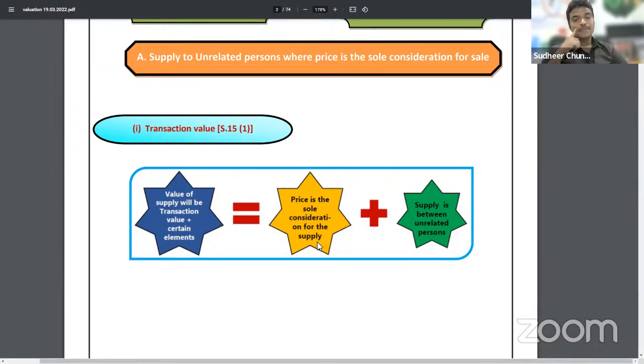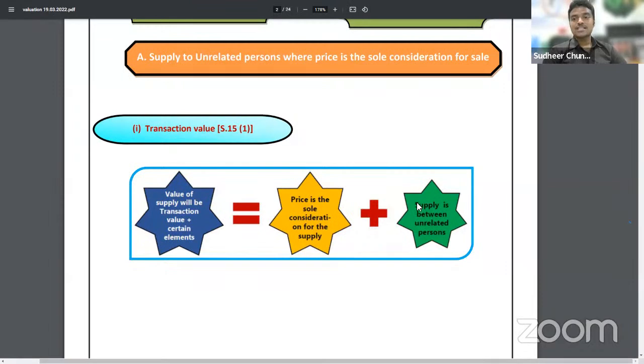What do you mean by the term price? Whatever is written in the invoice, that amount only the supplier should receive. If the supplier receives any additional consideration, then the definition of transaction value is not satisfied, and we have to go for valuation rules to decide the value of supply. What happens if any additional consideration or additional incentive is received? Then price is not the sole consideration, and we have to go to valuation rules to decide the value of supply. So the first basic condition here is price must be the sole consideration.